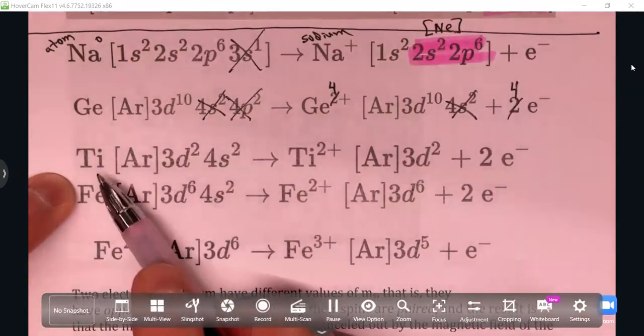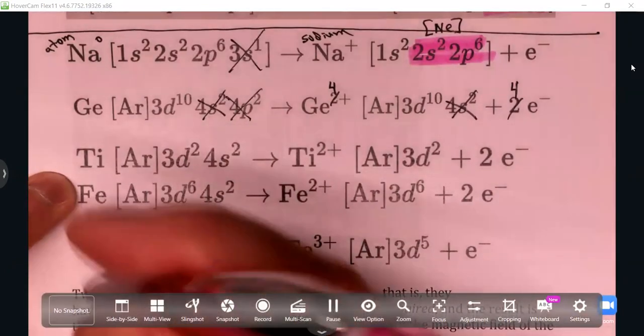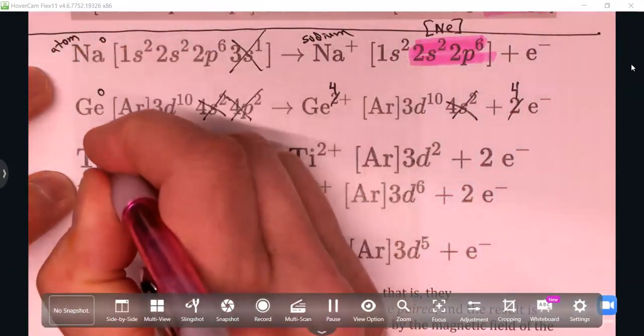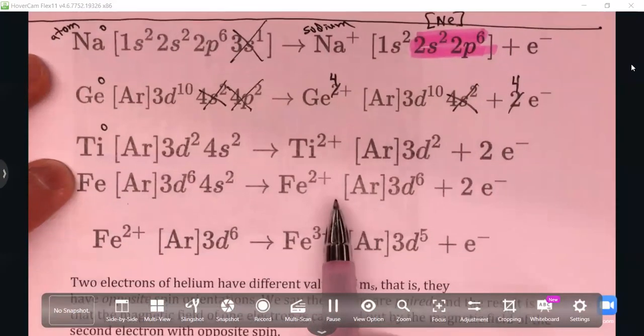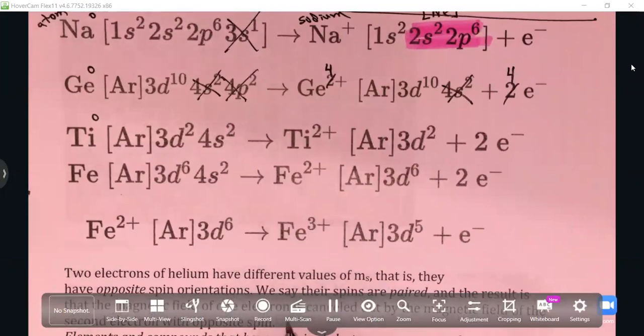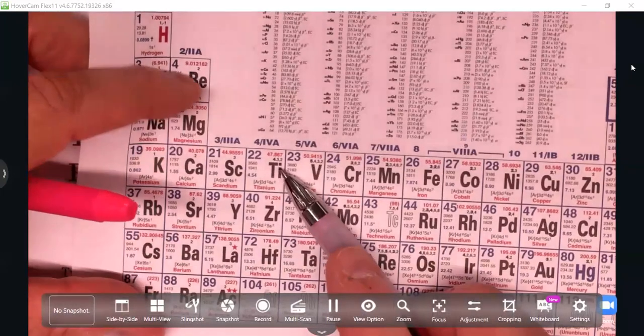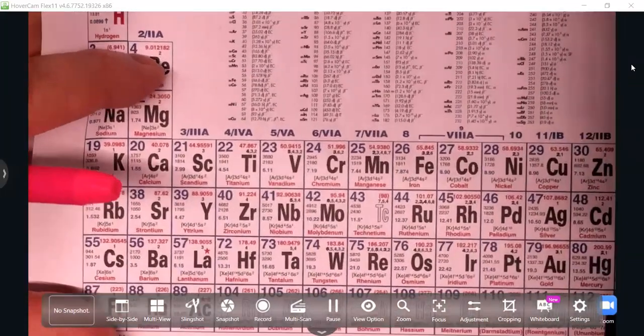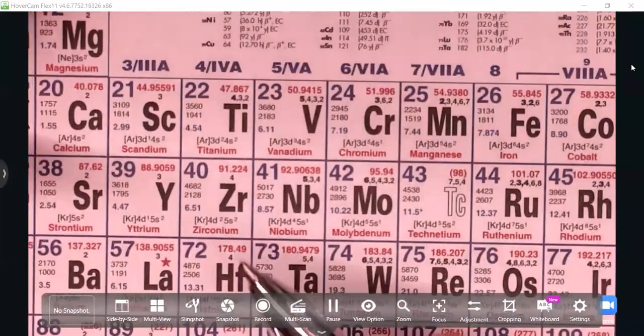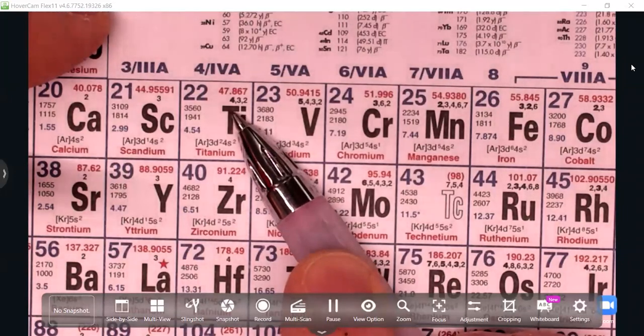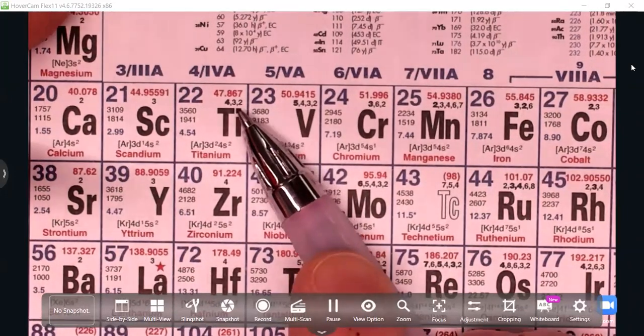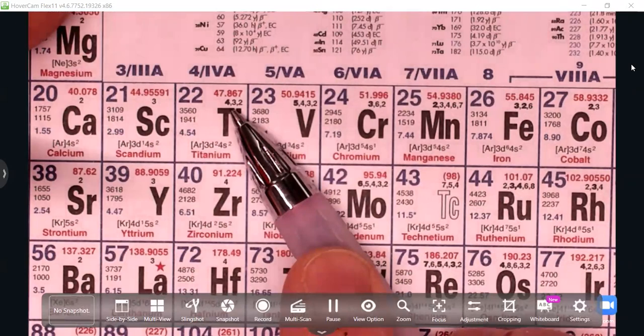Now, we have titanium. If we look at titanium, titanium can be a 4, a 3, or a 2 for an ion charge. What does it do most often to become most stable?